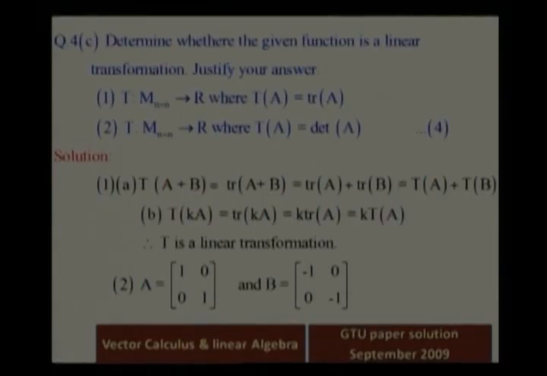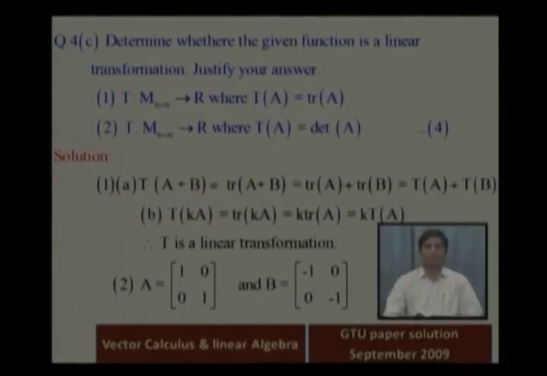So here we have domain set of n cross n matrix, so that's why we take the two matrices capital A and capital B. So here we have to prove T of A plus B is equal to T of A plus T of B, and T of k into A is equal to k into T of A. If these two conditions are satisfied, then we can say that the given transformation is a linear transformation.